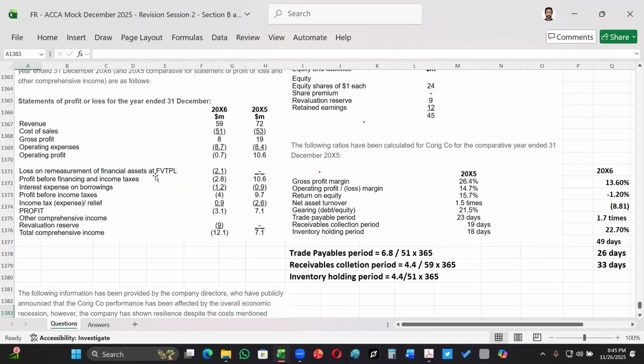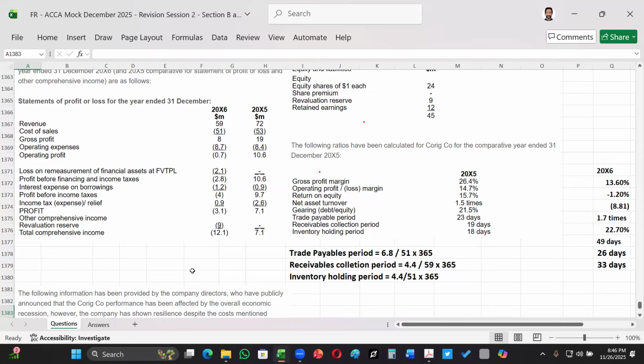So all of these things have really contributed to this poor performance. And the redundancy cost, this impairment, and this loss on the financial asset are all one-off costs. So these are not going to happen every year.